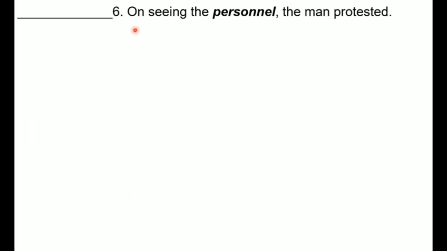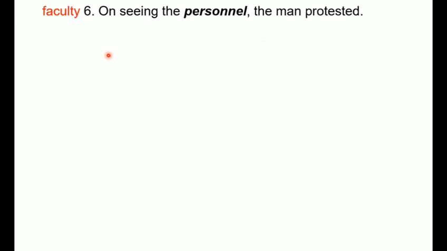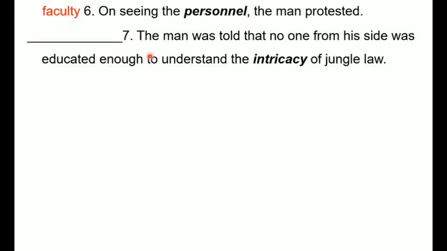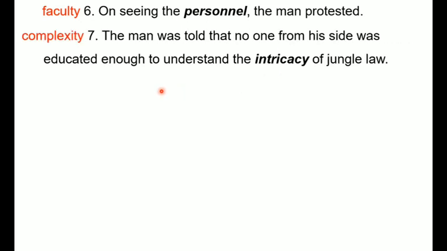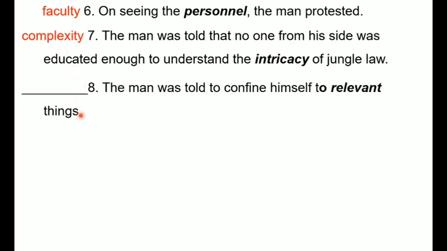Number 6, on seeing the personnel, the man protested. The meaning of personnel is faculty. Number 7, the man was told that no one from his side was educated enough to understand the intricacy of the jungle. The meaning of intricacy is complexity. Number 8, the man was told to confine himself to relevant things.